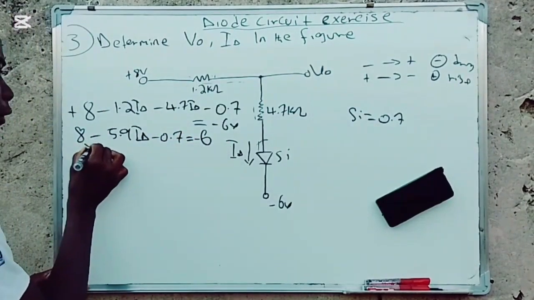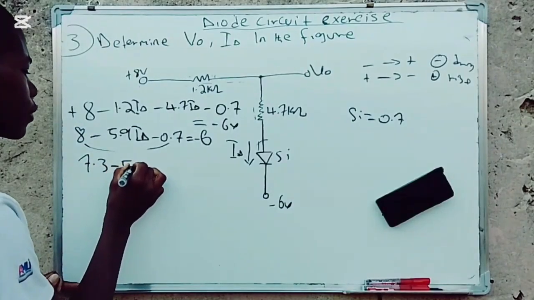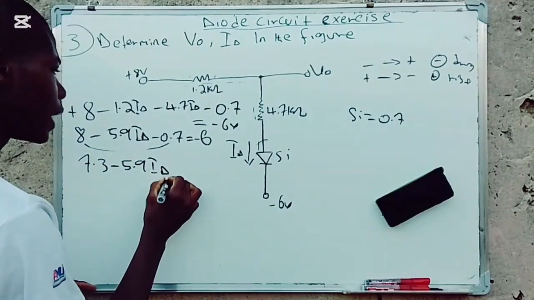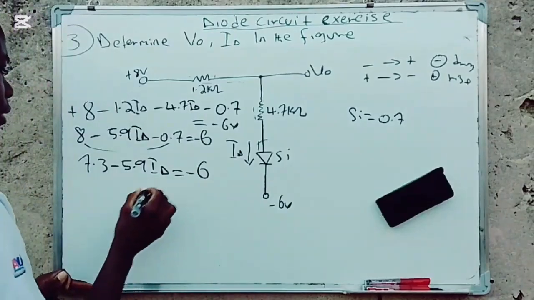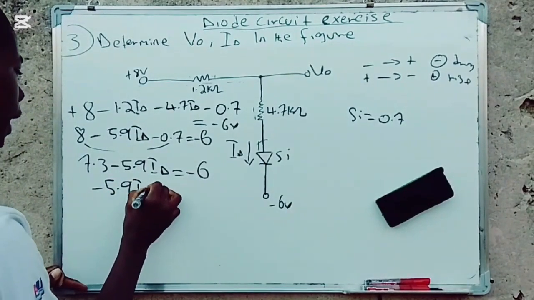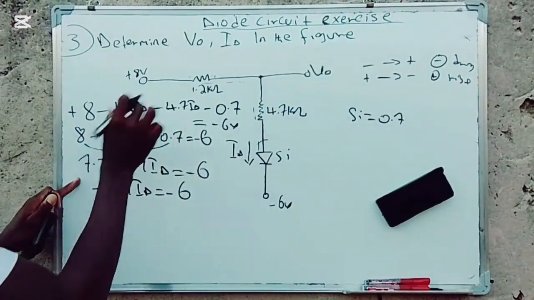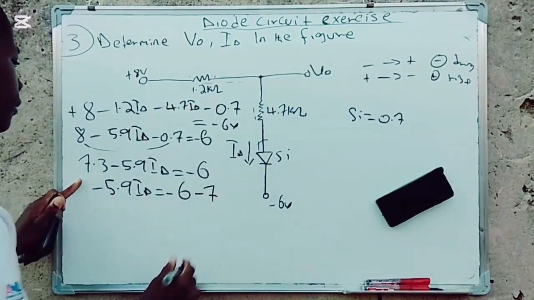This and this are like terms, so it will now be 7.3 minus 5.9 ID equals minus 6. So minus 5.9 ID equals minus 6 minus 7.3, because when the 7.3 crosses the equal sign, it will now be negative.